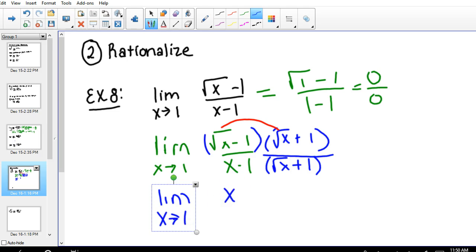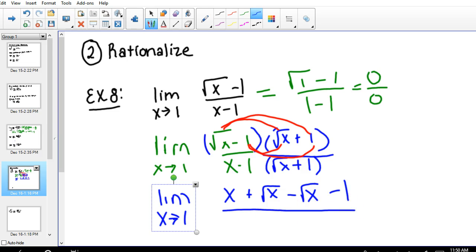And then we will multiply the square root of x times 1, so we'll get plus the square root of x. And then we'll multiply negative 1 times the square root of x, so we'll get minus the square root of x. And then we'll multiply negative 1 times positive 1, and we'll get a minus 1.